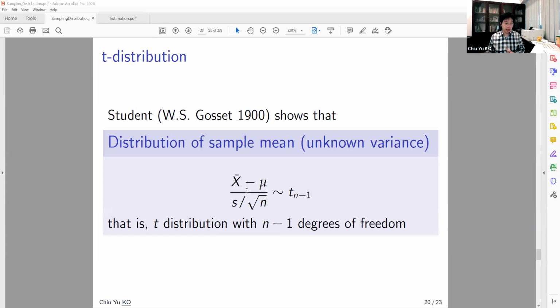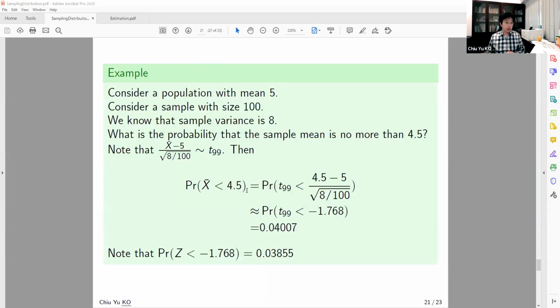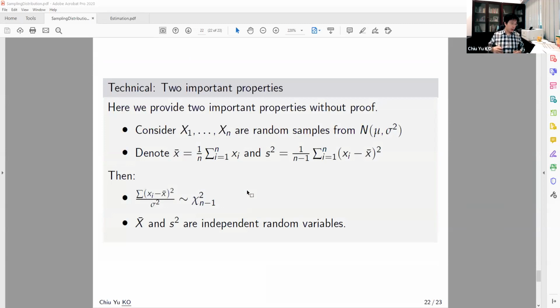But before we end this, we have two technical slides about how to prove why this is t. Two technical slides. Can you see the screen? Yeah. Okay. Everything up to now was just a review. Now we start very quickly to explain why this is t.